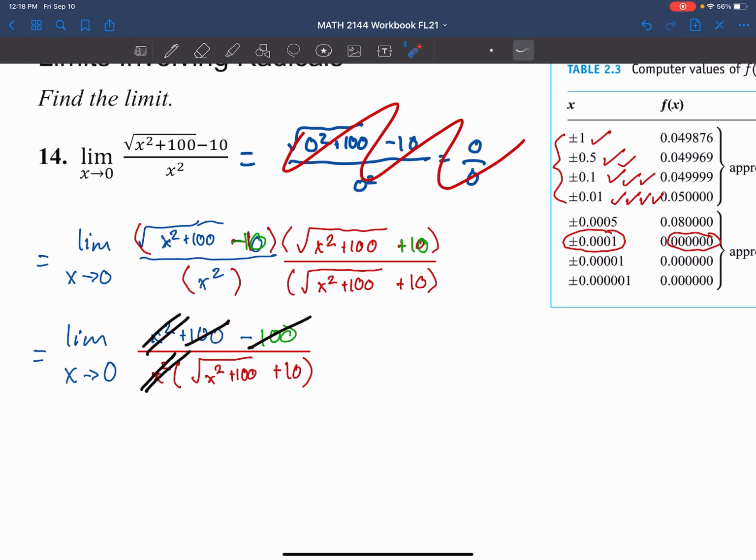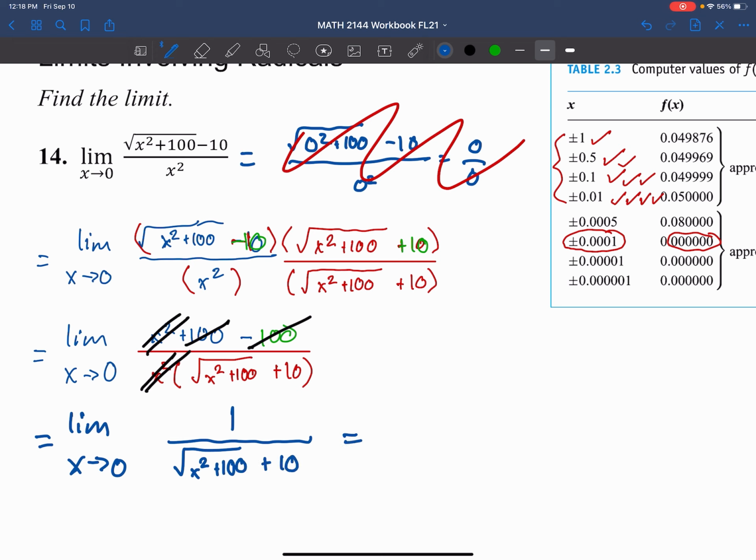So what we have then, still haven't taken the limit yet, is the limit as x approaches 0 of 1 over the square root of x squared plus 100 plus 10.